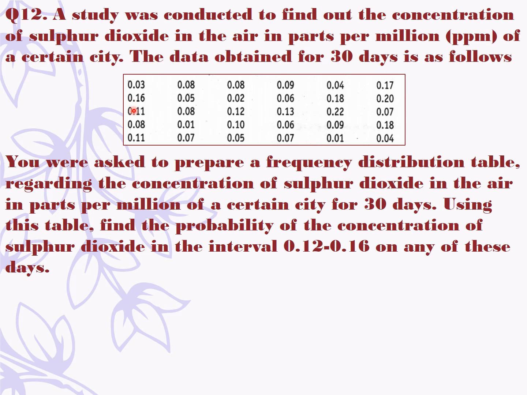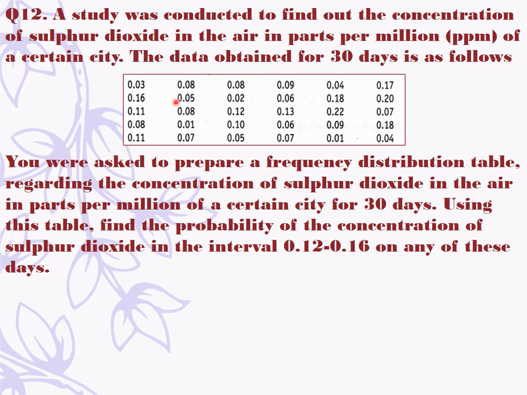In the second row, we can see 0.16 is one such data, but as I have just discussed, we cannot include this one as one reading in our interval 0.12 to 0.16 because 0.16 is the upper limit here. So we will not consider this value.